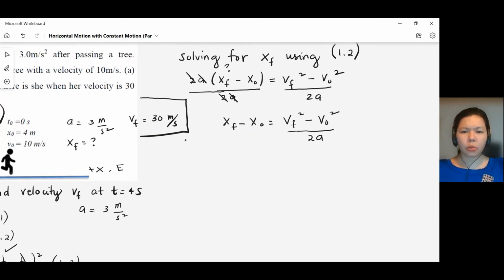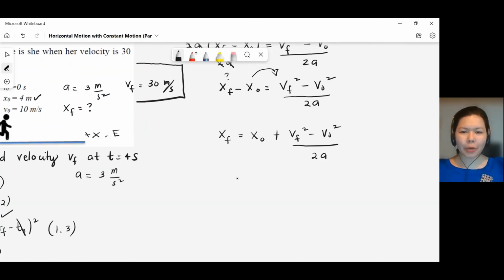And now we leave XF on the left side of the equation and we transfer minus X naught to the right. We have X final equals positive X naught, copy the rest of the term, plus VF squared minus VO squared over 2a. So we now substitute the given.